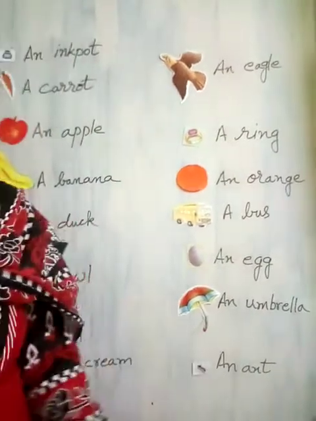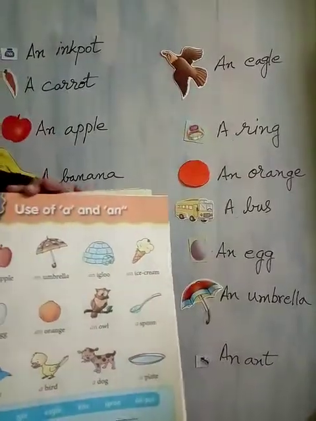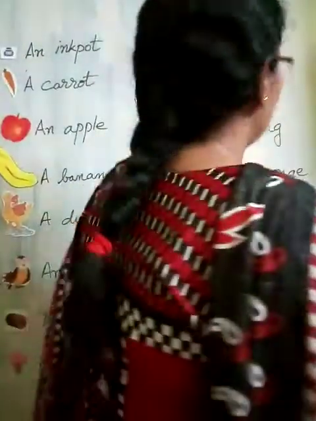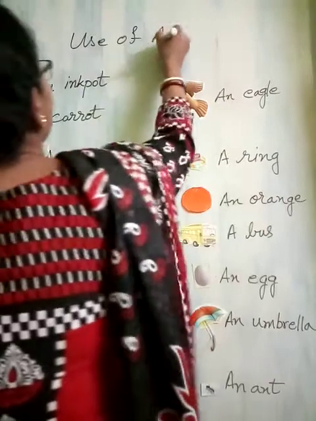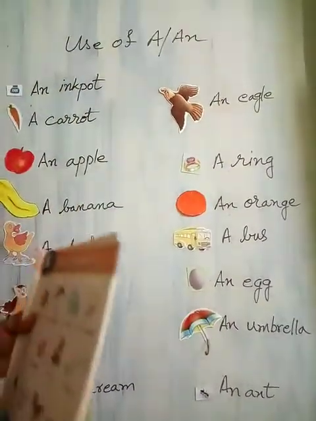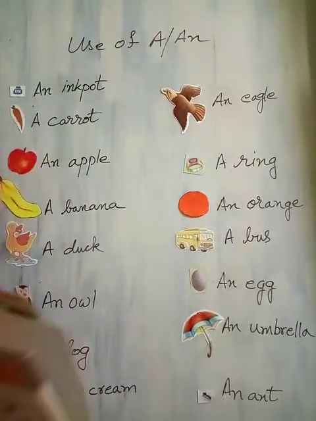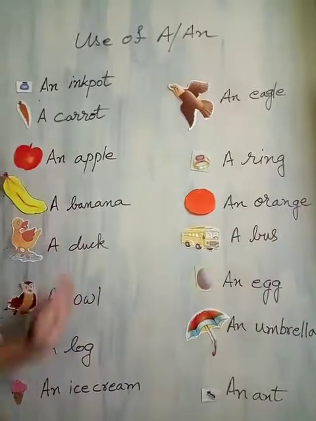Okay, so now we are going to page number 13, use of a and an. Your topic is use of a or an. You have to use the article a or an. Where to use a and where to use an.